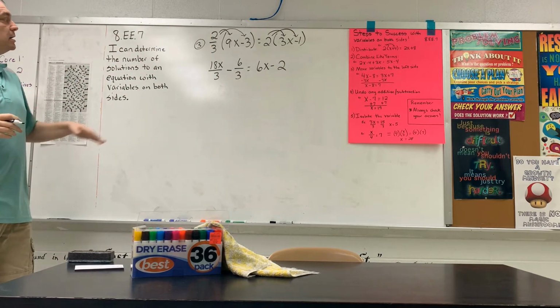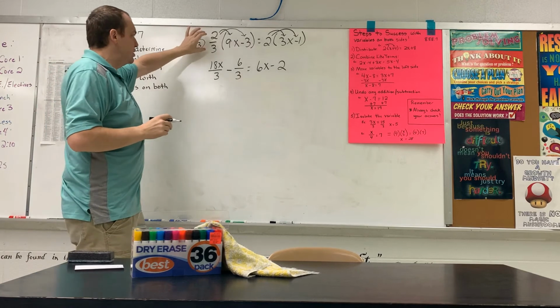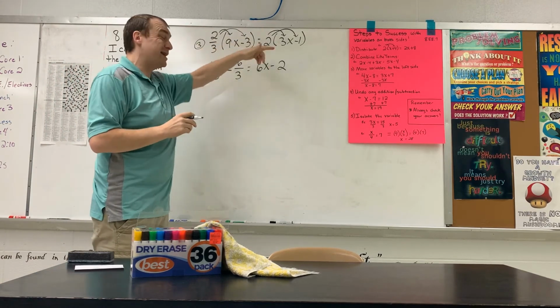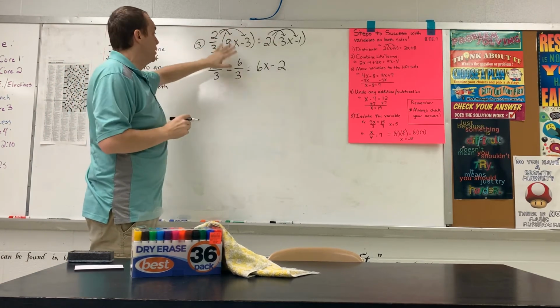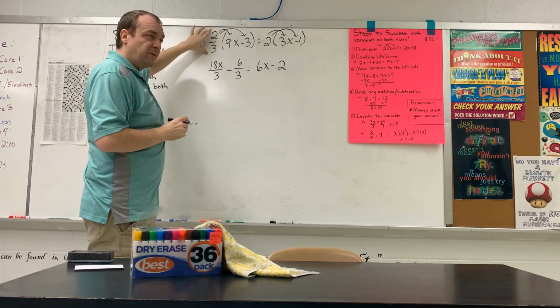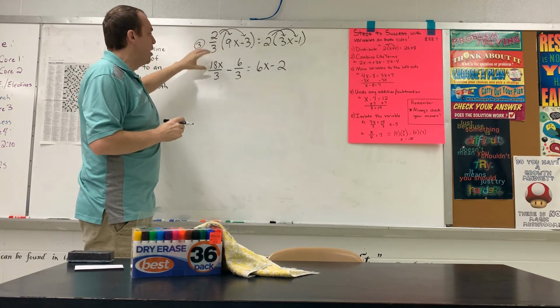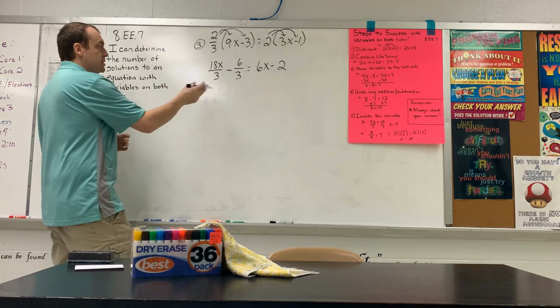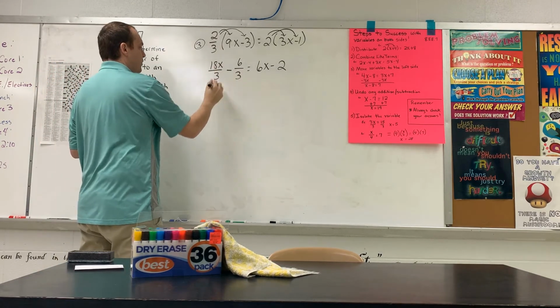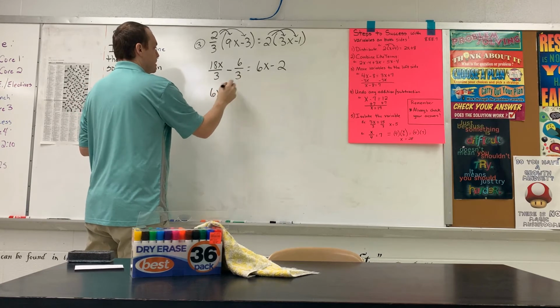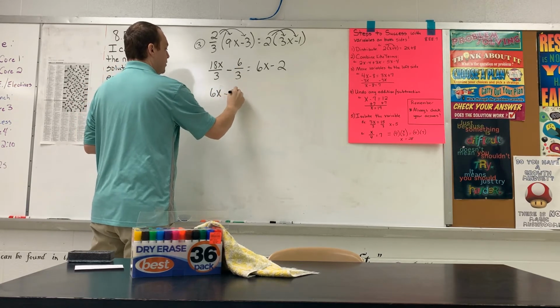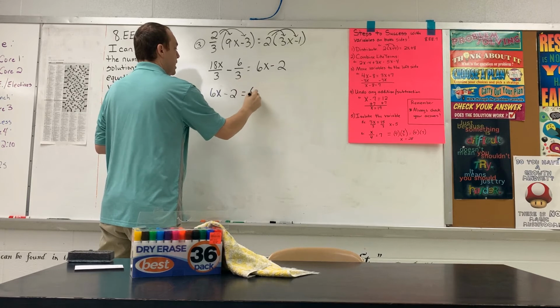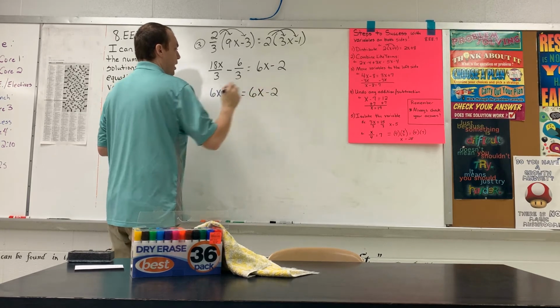So again, we just distributed to get rid of our parentheses. We just had to do it on both sides this time. No big deal. Don't panic about the fractions. Go ahead and multiply them out, and most times they'll simplify, just like these. 18x over 3 reduces to 6x, minus 6 over 3 reduces to 2, equals 6x minus 2.